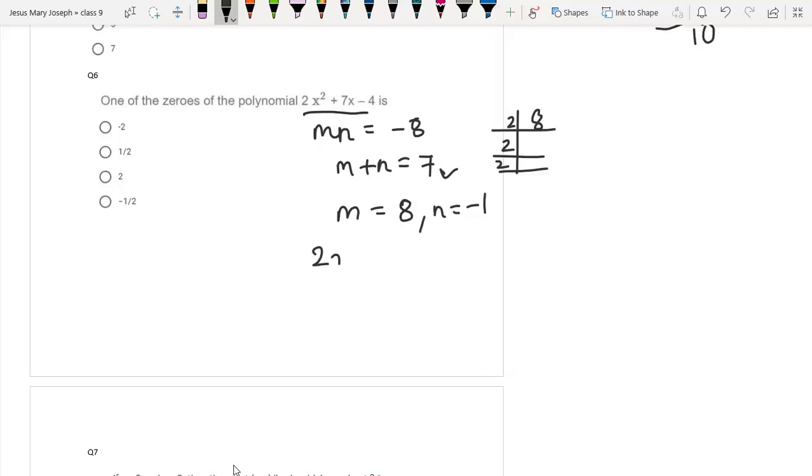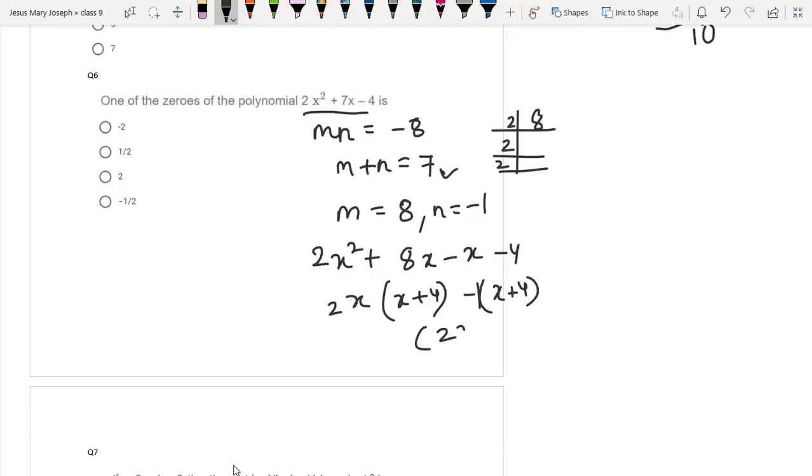So 2x square plus 8x minus x minus 4. Now common is 2x, x plus 4, minus 1, x plus 4. So (2x minus 1)(x plus 4) is the factor form. After this we need to find the zeros.